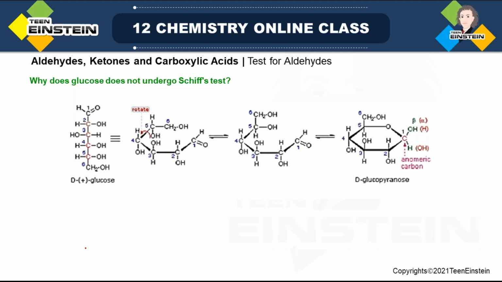Now glucose can remain in open chain form and in cyclic form, in both forms. When it is in open chain form, as you can see, this is the Fischer projection formula. This is a CHO group, and as a CHO group is present, it should give all the reactions that are possible for aldehyde, right? And that is why the Tollens reaction is positive.